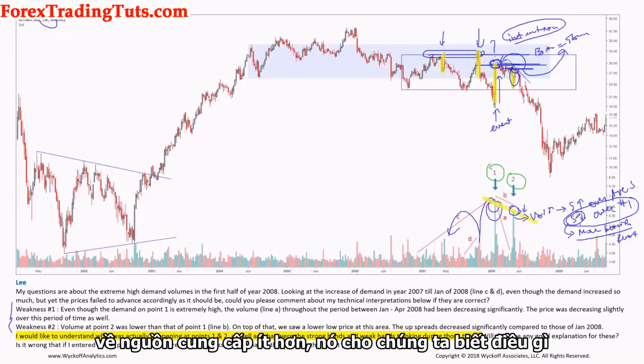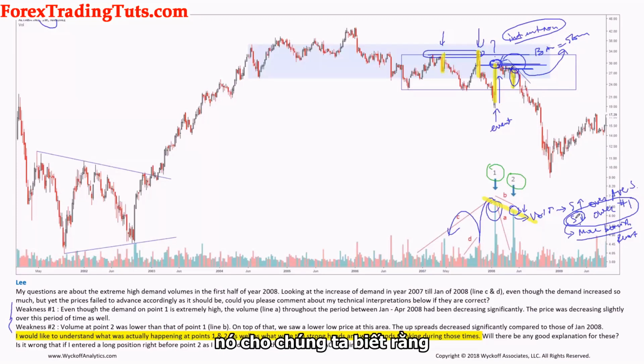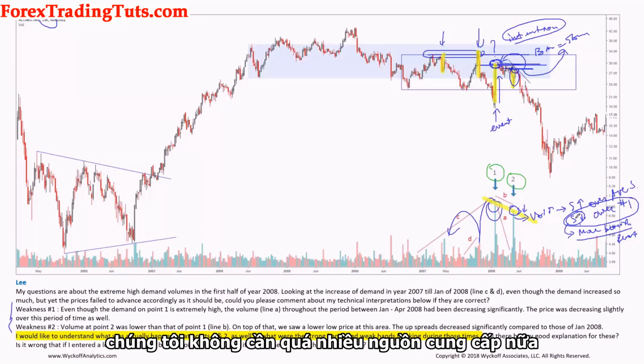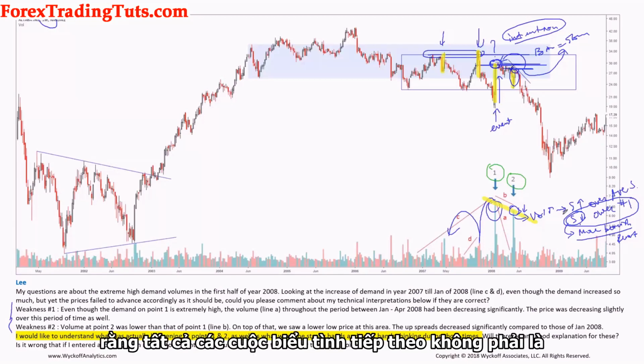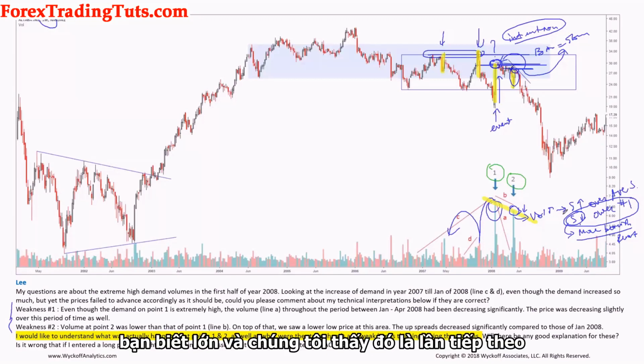What does it tell us? It tells us that we don't need so much supply anymore to push the price down. And at this point of time, demand is so exhausted that all of the next rallies are not going to be that big.